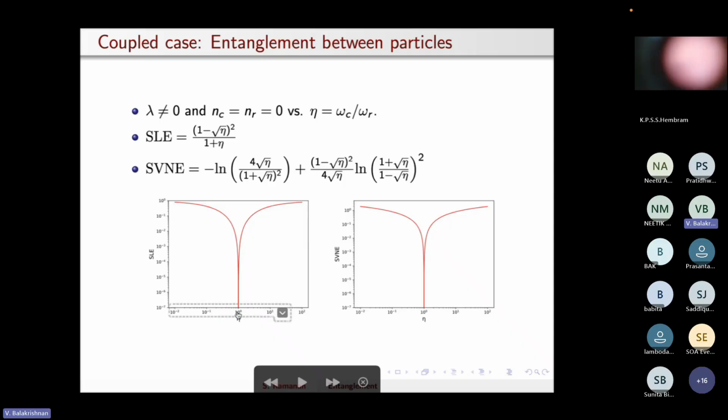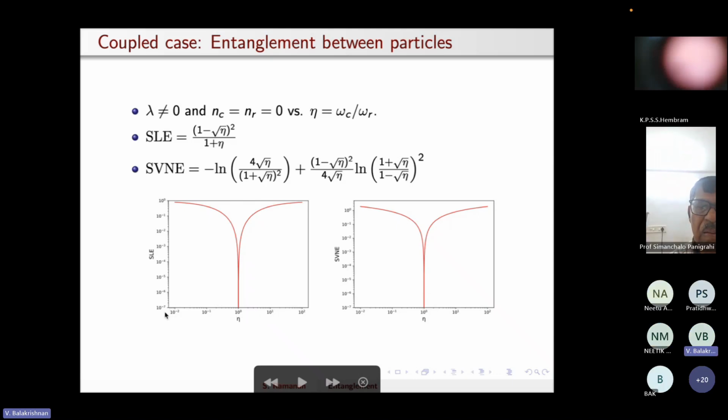In addition, you see that when eta becomes very large, which equals omega C becoming very large or omega R becoming small, the SLE as well as the SVNE diverge. The same situation happens at the other end when eta becomes very small, because of this symmetry.